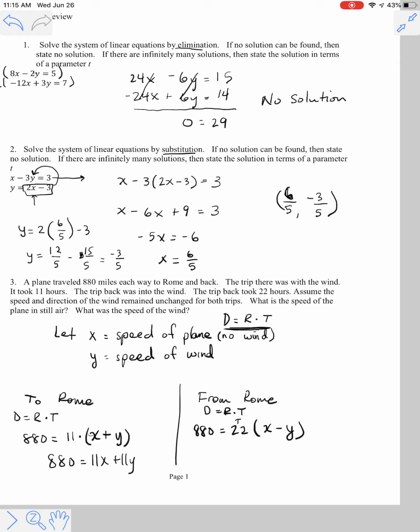So this is the time right here, and that's the rate, because it's going against the wind. So we have 880 equals 22x minus 22y.